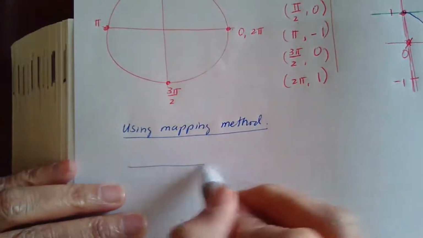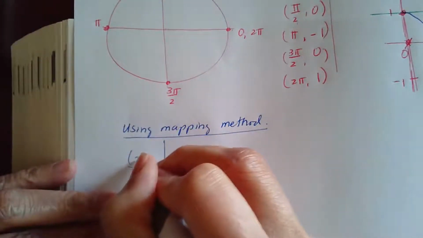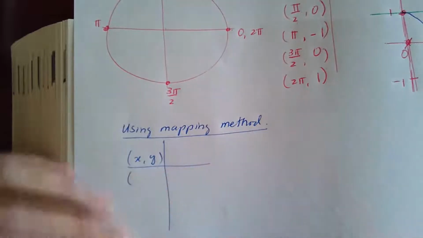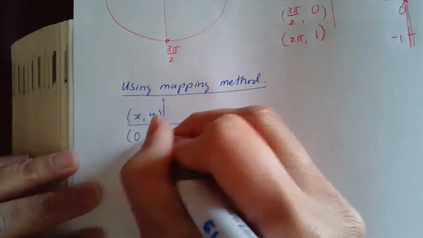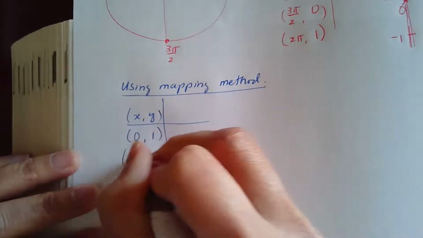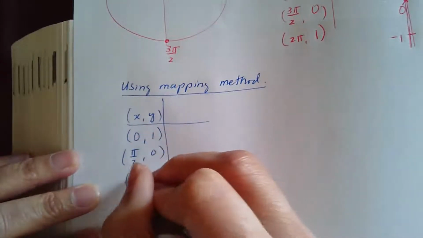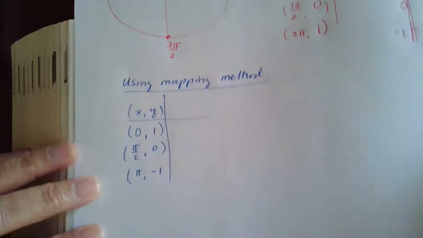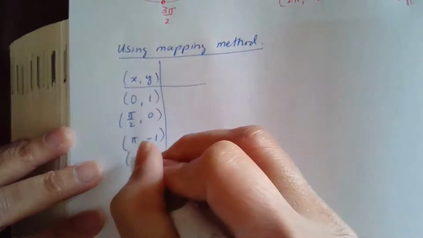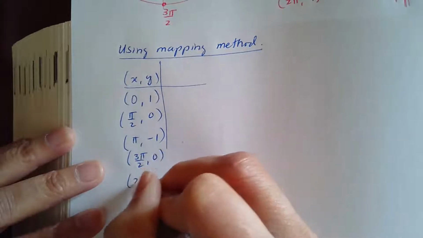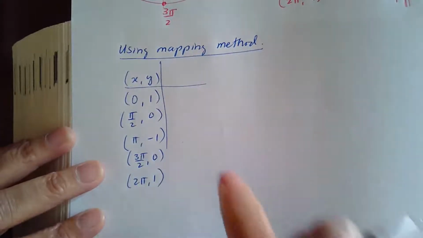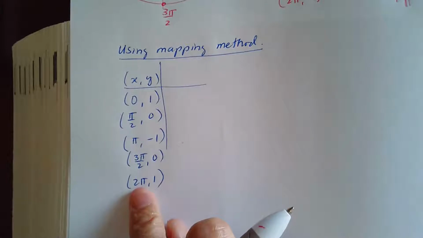So we know that our 5 key points are 0, 1; pi halves, 0; pi, -1. So doing the 5 key points.